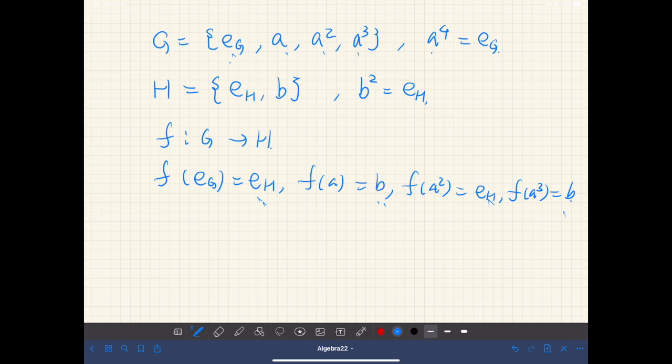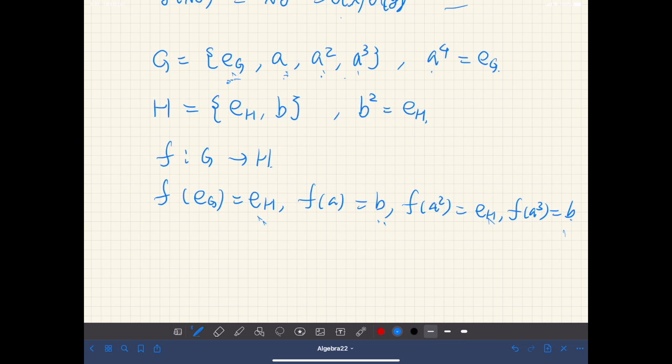To check this, we just consider all pairs in G. So for example, let's see, a non-trivial one is a times a squared, let's say. So this is f of a cubed, so a times a squared is a cubed, and by the definition of f, this is equal to b.